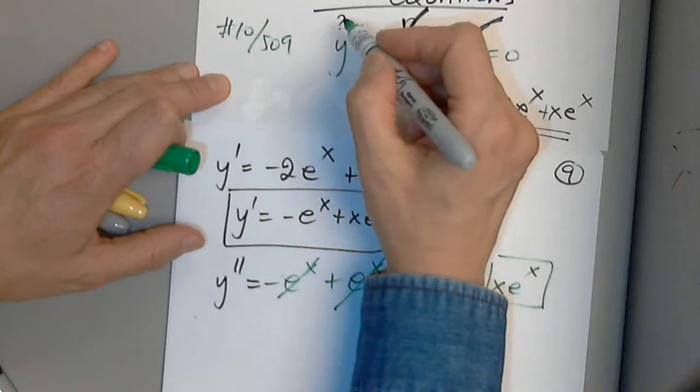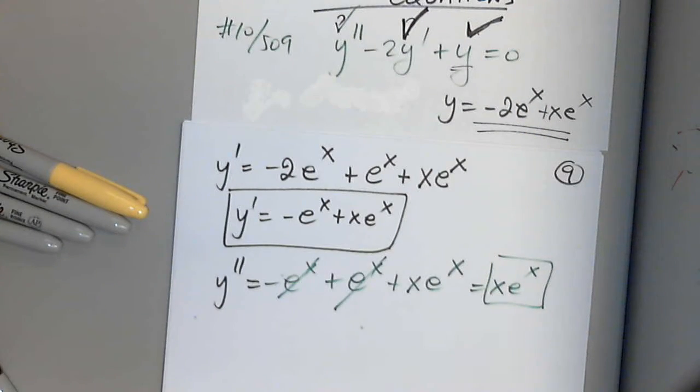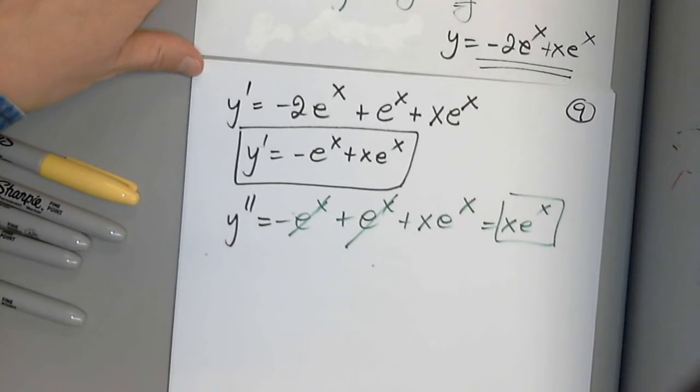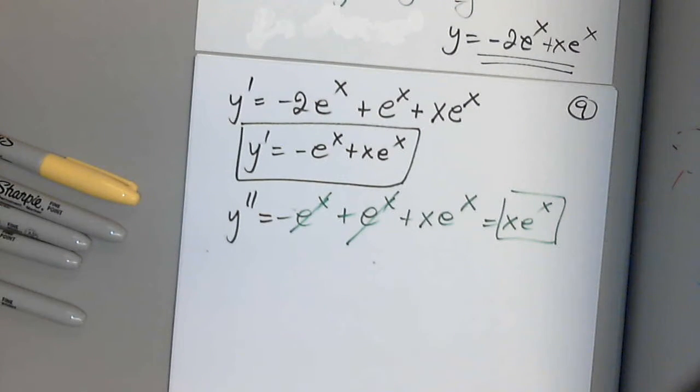Now I have all the pieces. I just have to put them together in that exact order, multiply y prime by negative 2, and see that I get 0. If I don't, assuming all my calculations are correct, I'll say no, this is not a solution to the differential equation that was given to us.